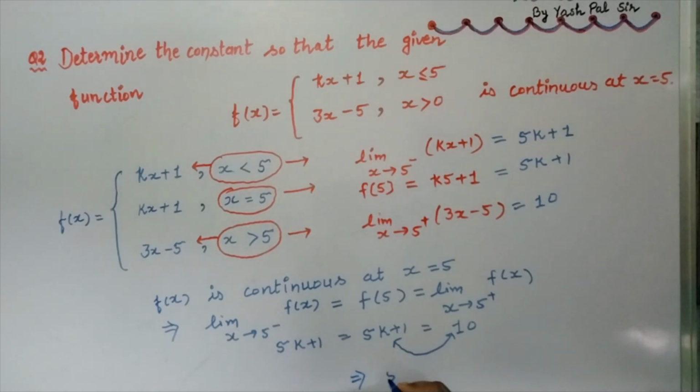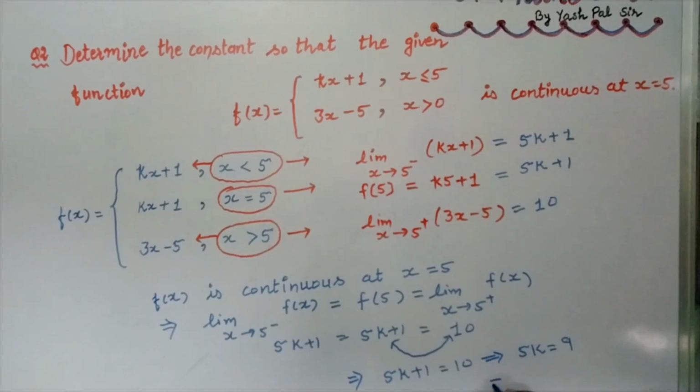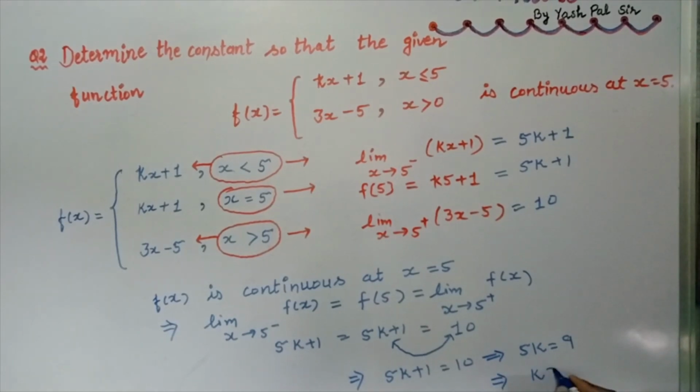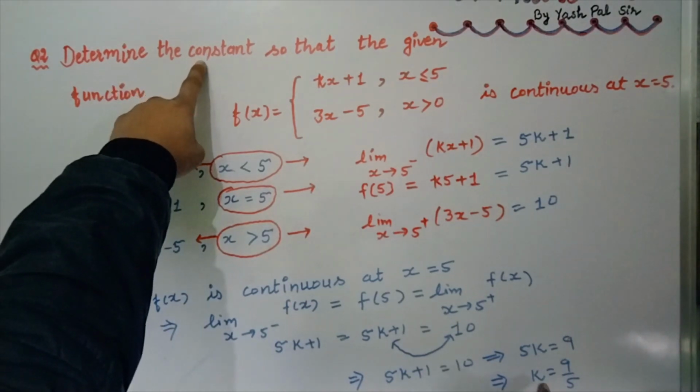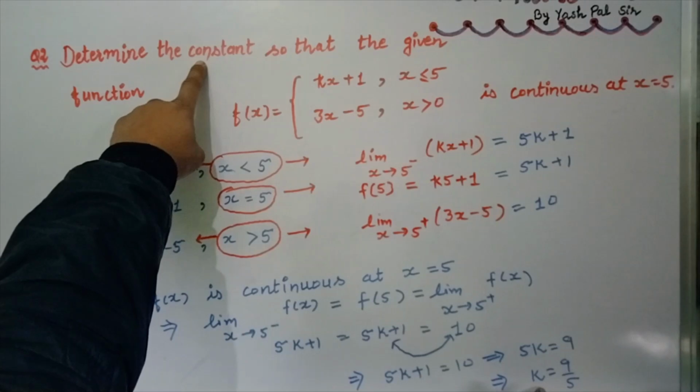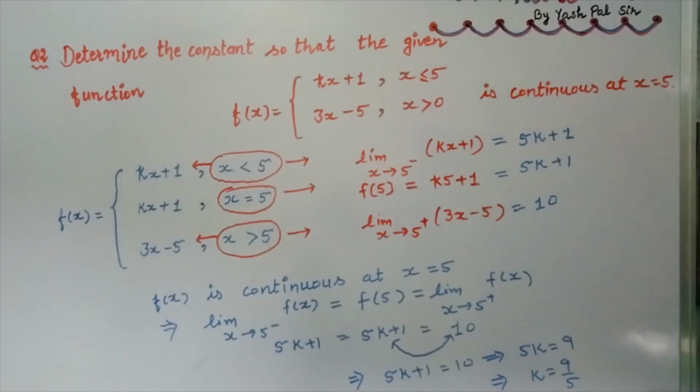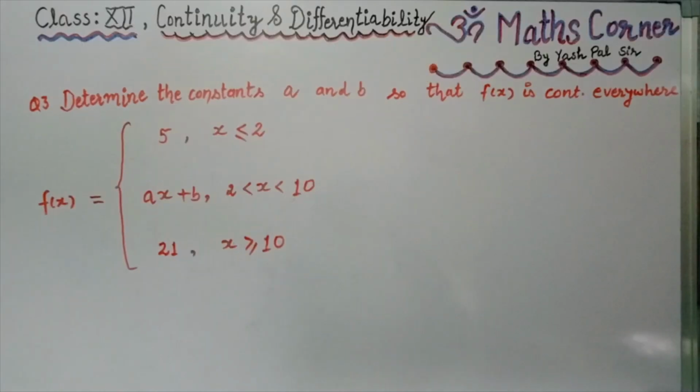From here we can conclude 5k plus 1 is equal to 10. That is, 5k is equal to 9. So the value of k becomes 9 upon 5. So what was the question? Determine the constant. The constant was k and the value of k is 9 upon 5. So this was question number 2.